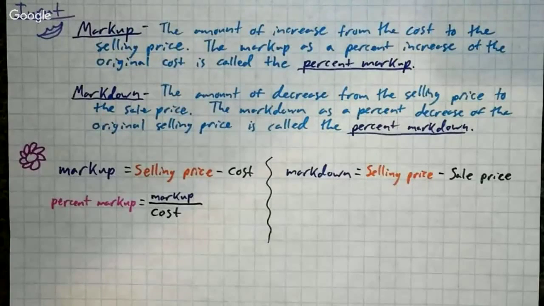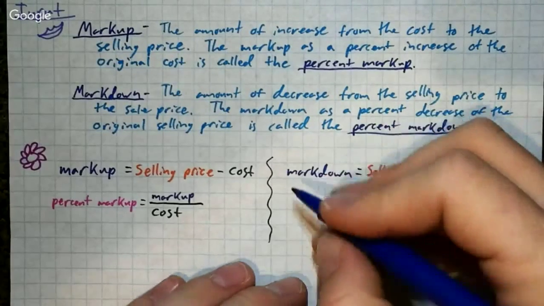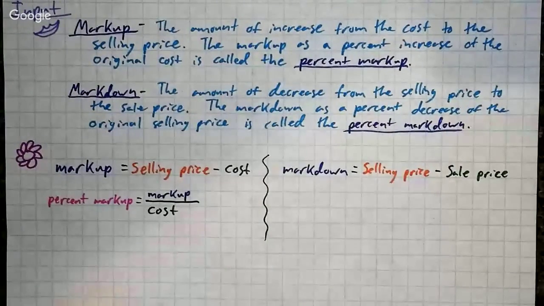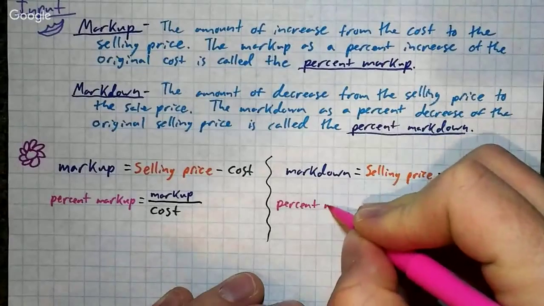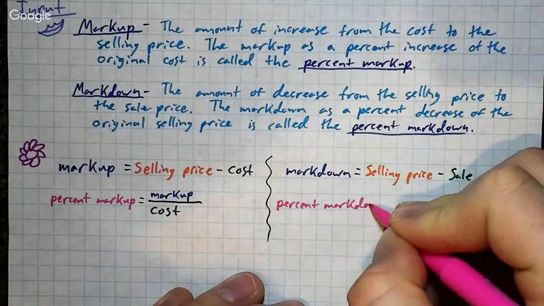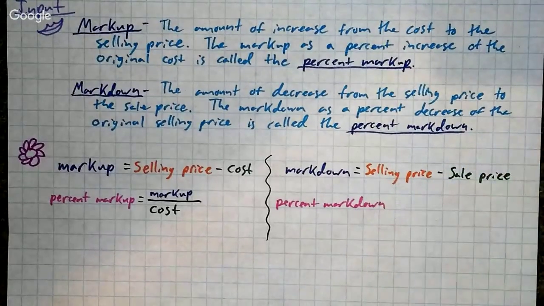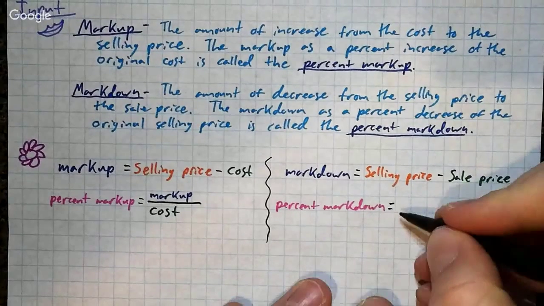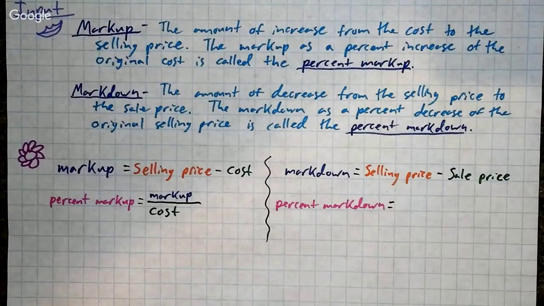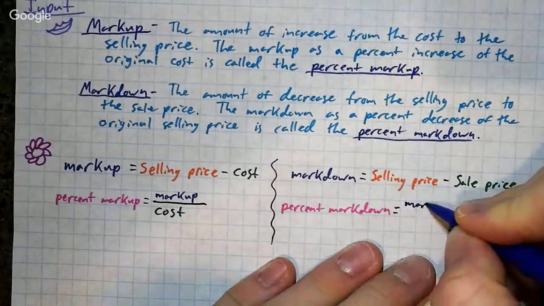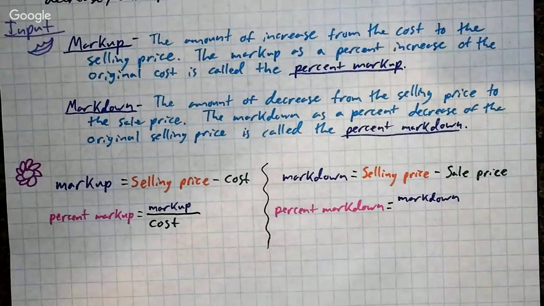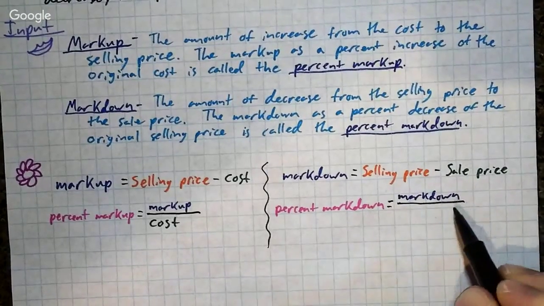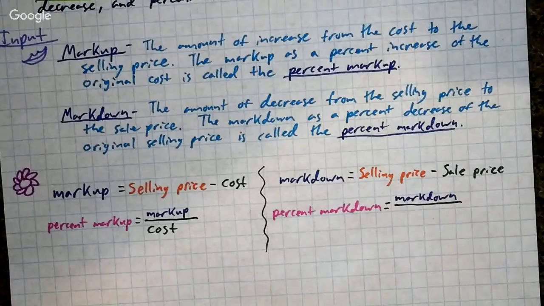Okay, and then to find the percent markdown, almost used the wrong color. There we go. To find the percent markdown, we divide by putting the markdown over, and in this case, we are doing the selling price.